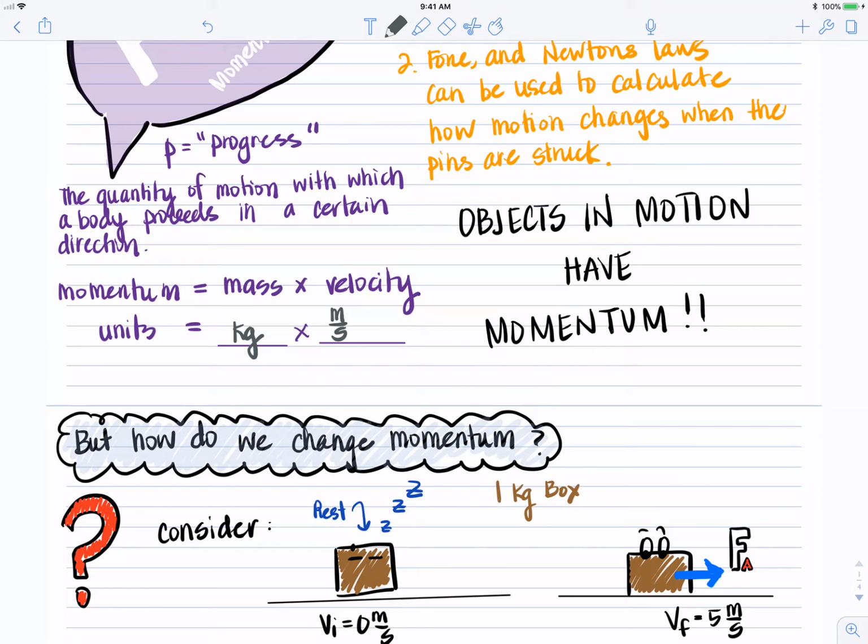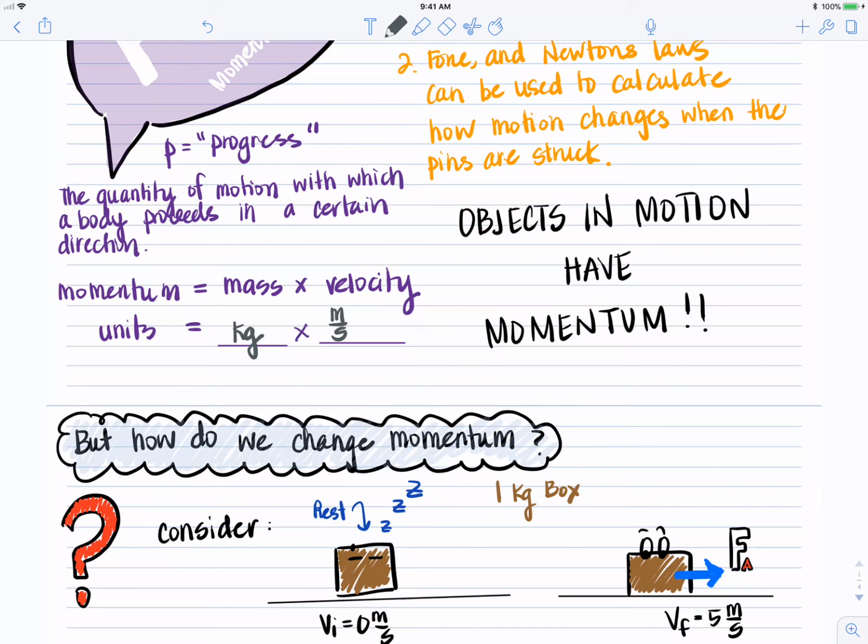For example, in work, where work had the units of a Newton meter, that became a joule. And for us, even though we have a kilogram meter per second, or its equivalent is also a Newton second, as the units for momentum, we do not have a nice simple unit to represent this quantity. So you'll have to just leave your units as kilogram meters per second.